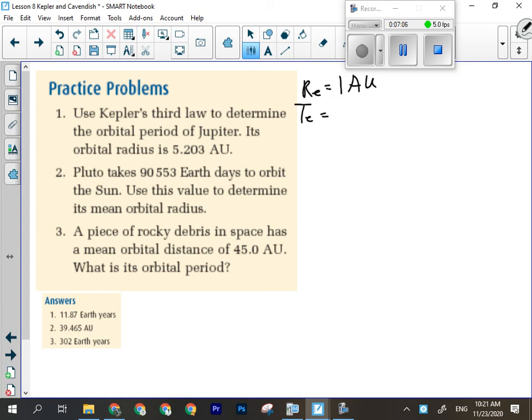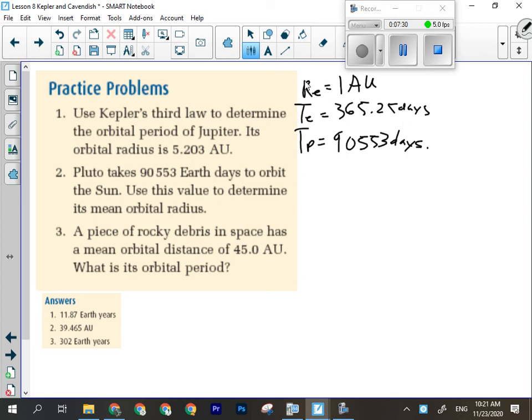So the period of Earth is obviously 365.25 days, and then they gave me the period of Pluto, which is 90,553 days. I don't know if that makes it sound longer or shorter than 100 and some odd years, but it's a long time for sure.